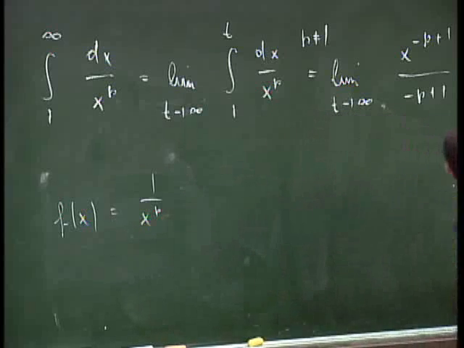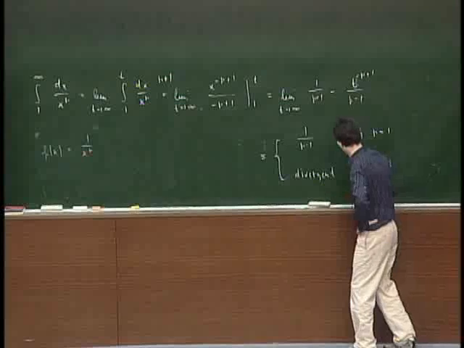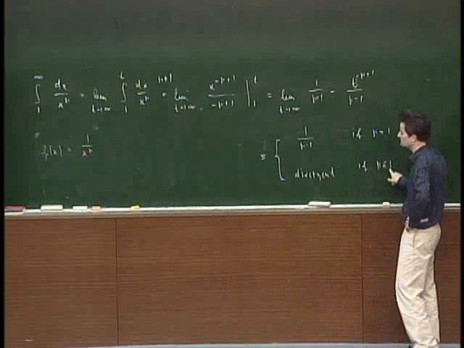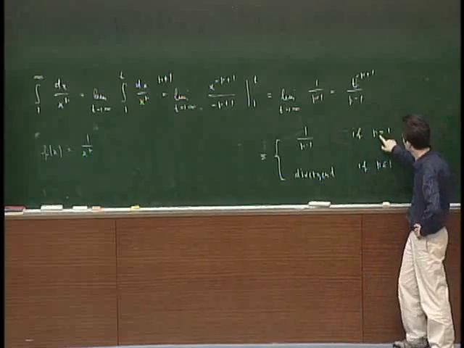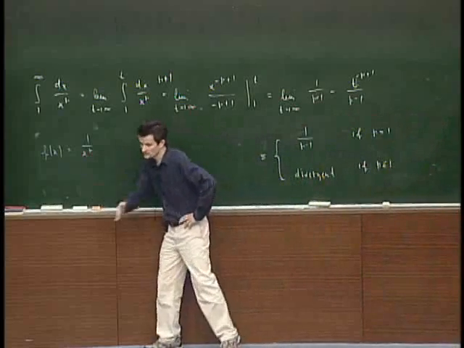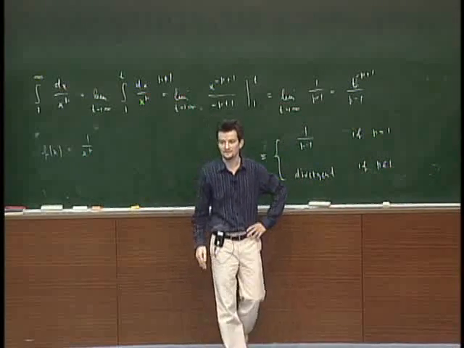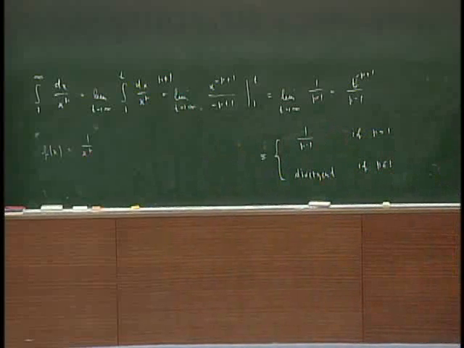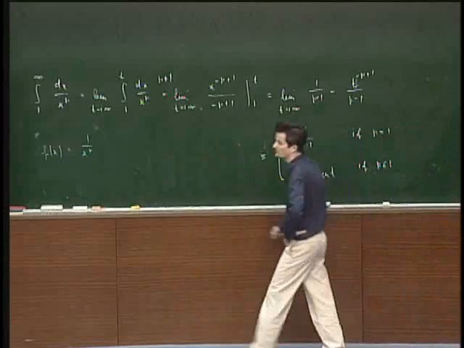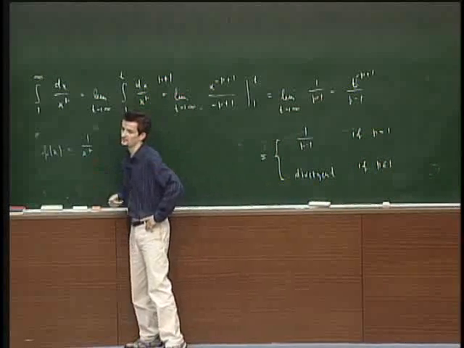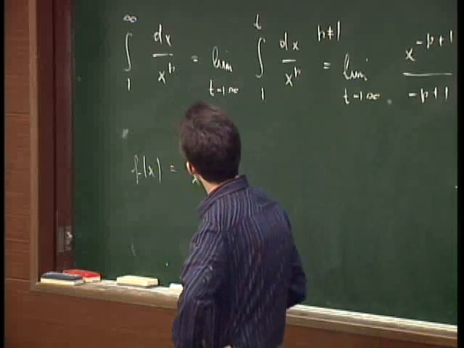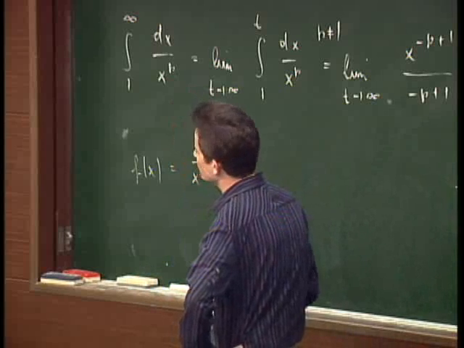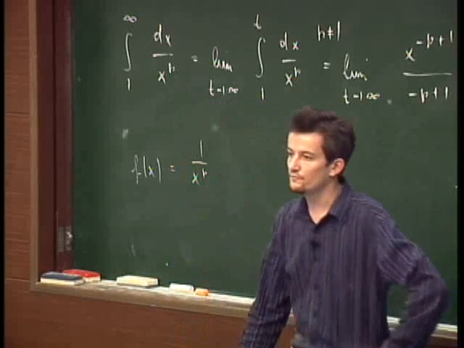So p equal to 1 is the critical number. If p is larger than 1, this function tends to 0 fast enough such that the area exists. Next time we will look at some more examples and also exploit this kind of behavior in order to understand quickly whether other given improper integrals are convergent or not.